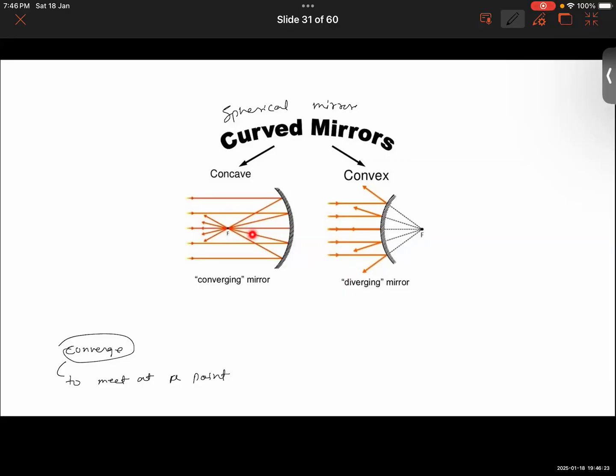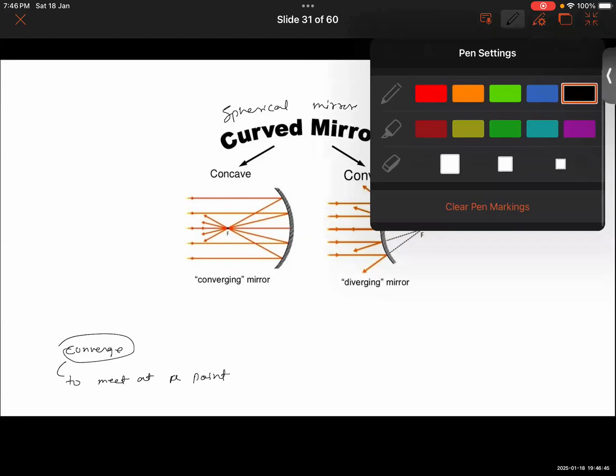Since the reflected rays of light converge at a point, this concave mirror is also called a converging mirror, because it converges the rays of light. Getting it, everyone, what we are trying to discuss here?